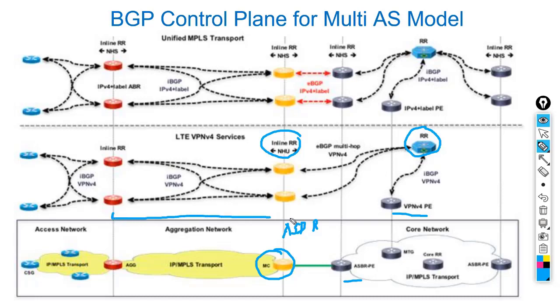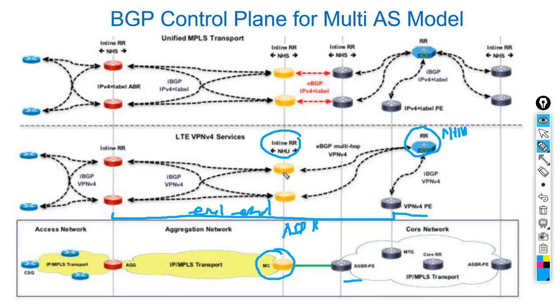But our purpose is to create an end-to-end VPN, so we need to keep the next hop at the PE router. So on our router here, we need to configure next hop unchanged. It means that for the VPN prefix advertised to the metro core, the next hop will be the address of the PE router, not the address of the RR router here.